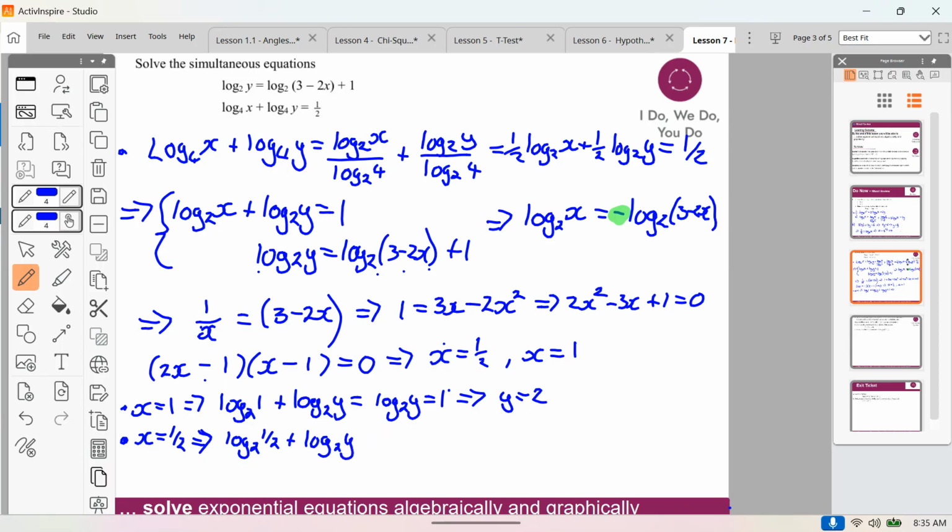So trying x equal to a half, putting it in the equation: log 2 of a half. That's 2 to the minus 1, so that's minus 2. Let me do it. Log 2 of 2 to the minus 1, log 2 of y.